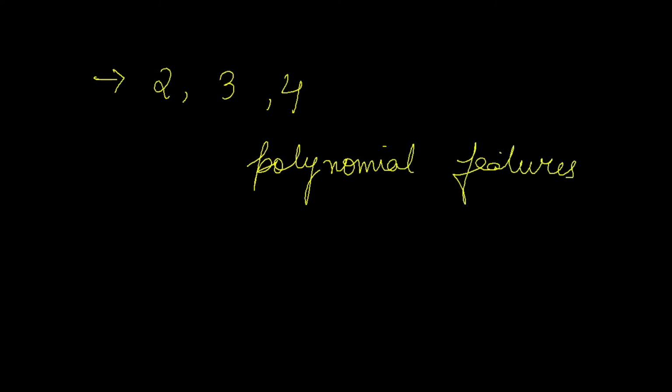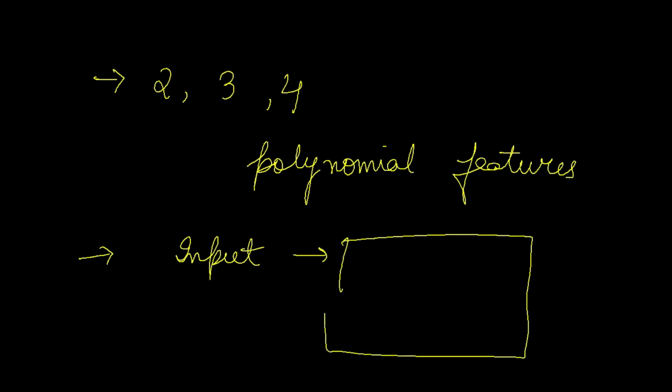Then after generating those features, we are going to input those features into the linear regression model, and we are going to form our hypothesis function, or we can say our y-hat function, that is the predicting function used for prediction.